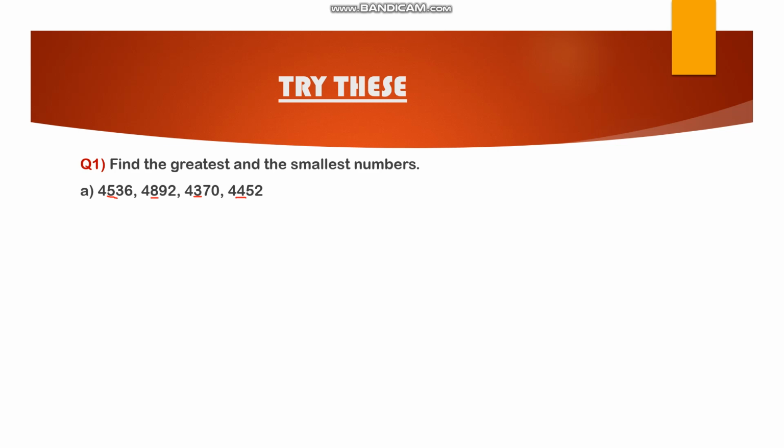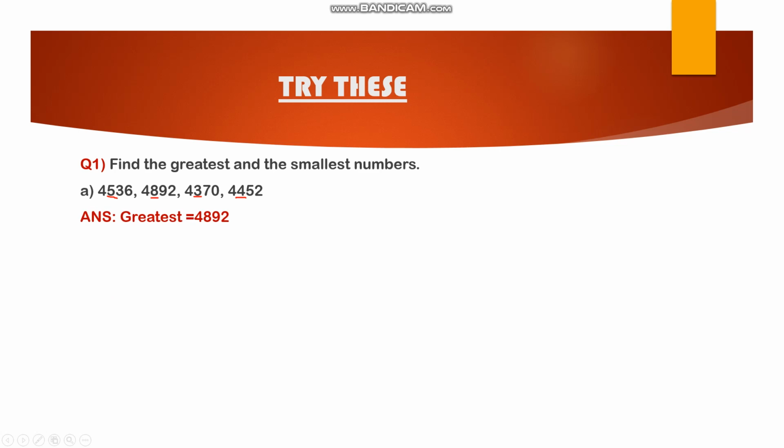Among these numbers, can you tell me which is the greater one? Yes, 5, 8, 3 and 4. Which is the greater one? Yes, 8 is greater than all these digits. So, the answer is 4,892 is the greater number.